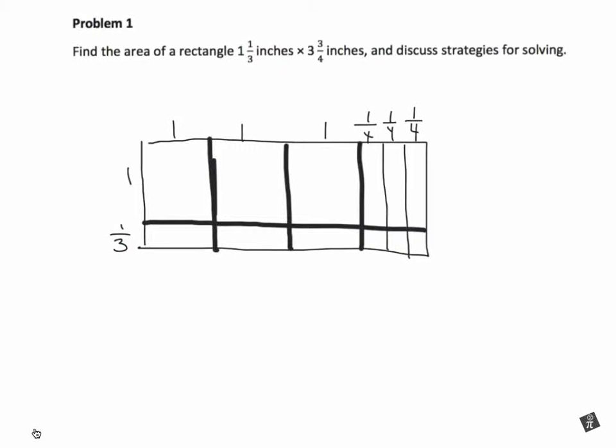And so we could think of this one whole as being chopped up into thirds. So really, instead of having this 1 and this 1/3, what do we now have? We now have 4 thirds going on right here. This is pretty important.